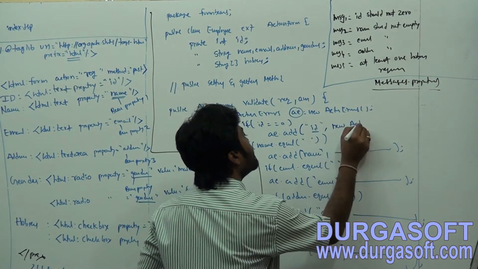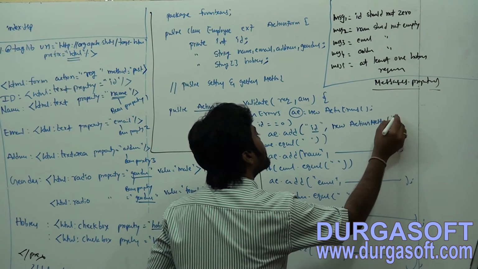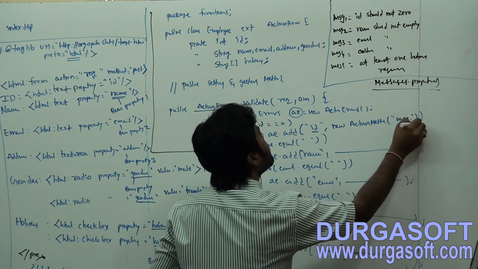Create a new ActionMessage class object. In that ActionMessage constructor itself, you can pass your required messages.